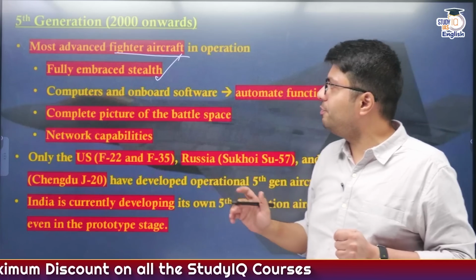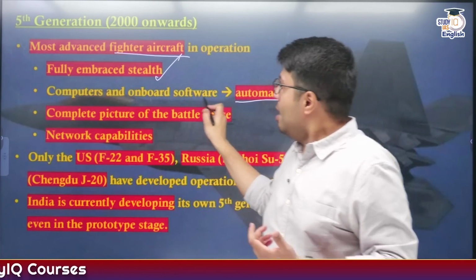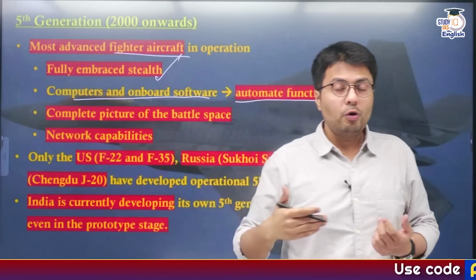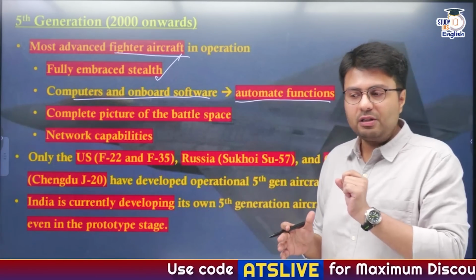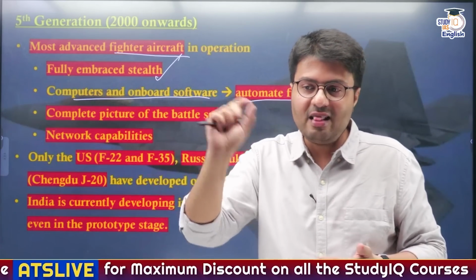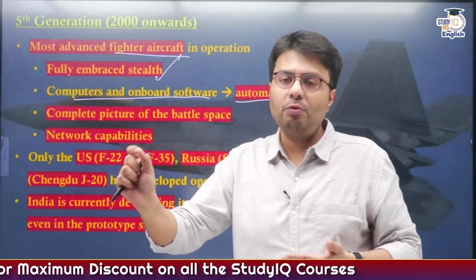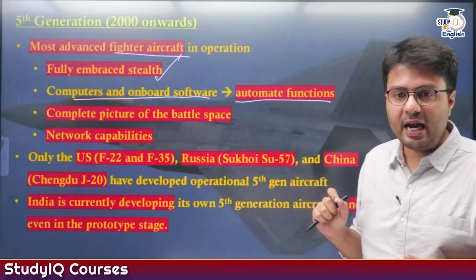Similarly, what makes them different is that they can perform automatic functions because of the high performing computers and onboard software that are there in them. So that is why these fifth generation aircraft can perform tasks automatically. They can lock onto targets automatically, and they can also employ weapons which are quite effective in countering these technologies or fighter aircraft, right?